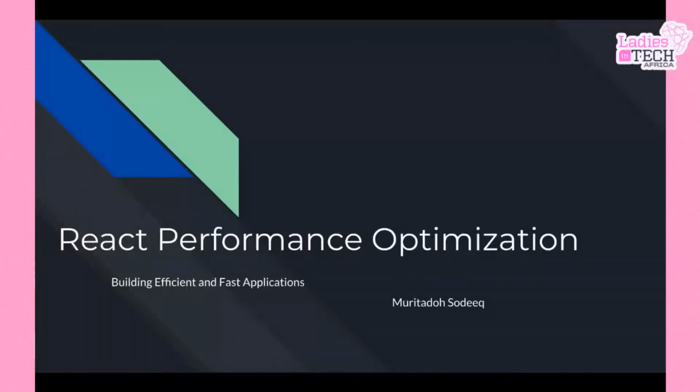So we are starting by taking what is React and React performance optimization. And in this class, we are going to be talking about a lot of techniques on how to make our React application fast and efficient.